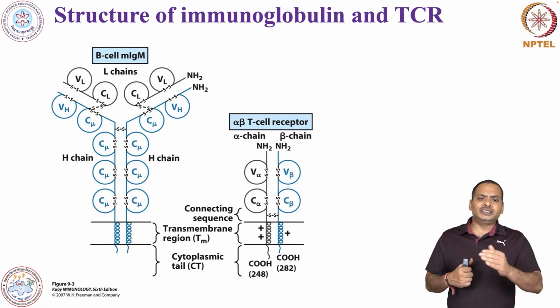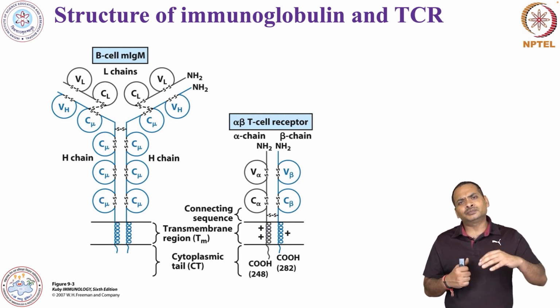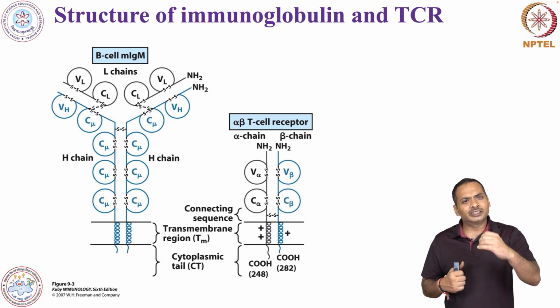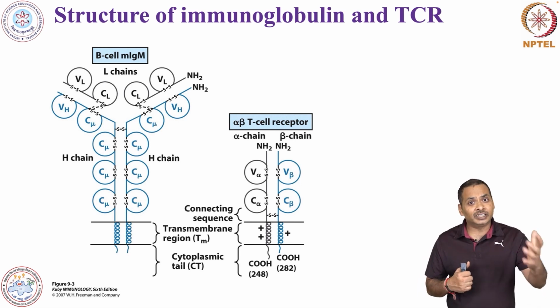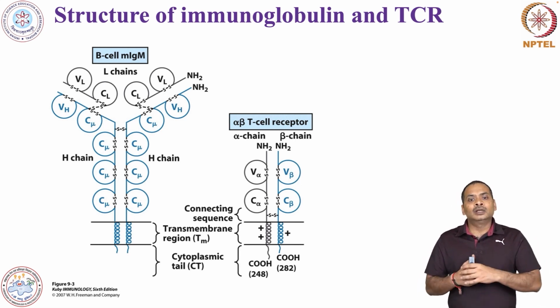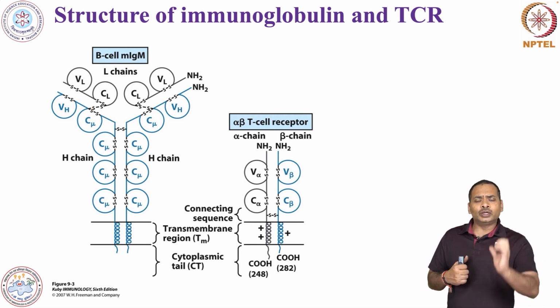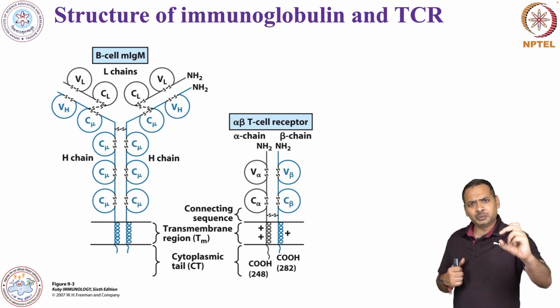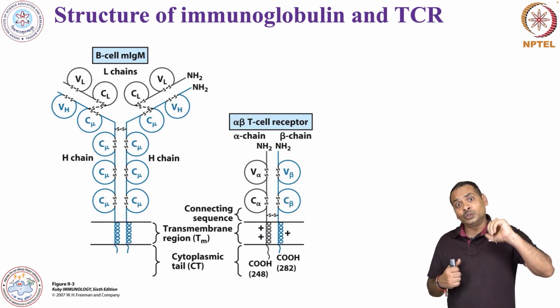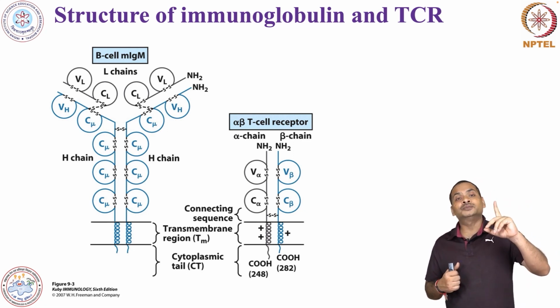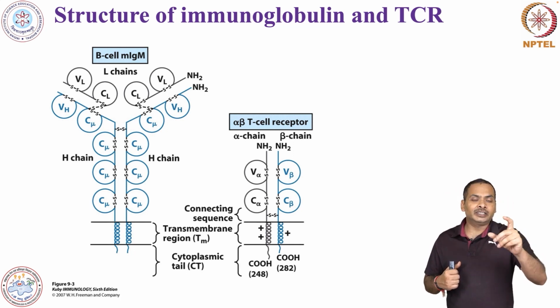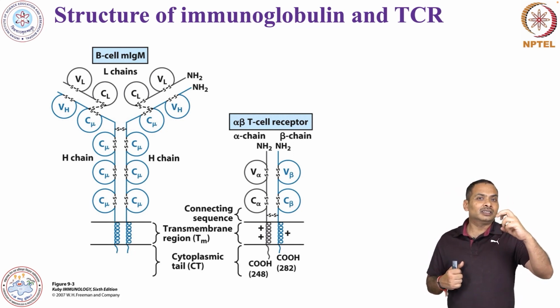So, alpha chain is not the same, I will say similar to the light chain of antibody. Okay. And this also has one variable region, as you have noted in the case of light chain in antibody. There are variable regions, there are constant regions.